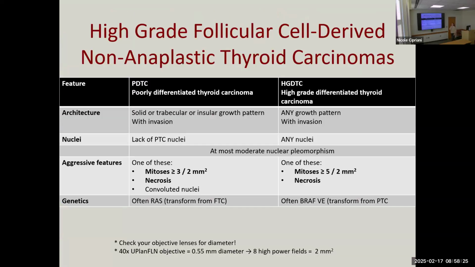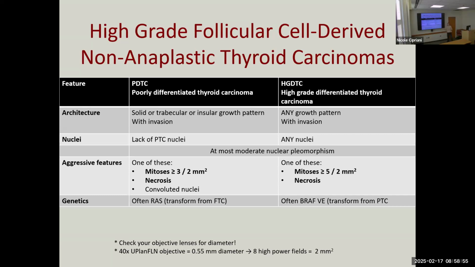How do we make a difference in the non-anaplastic group between these two categories of poorly differentiated and high-grade differentiated? This is a new concept in the WHO. If you go away with anything, the one thing I want you to remember is that what makes a high-grade carcinoma is the presence of increased mitoses, some say between 3 and 5 per 10 high-power fields, basically, or necrosis.